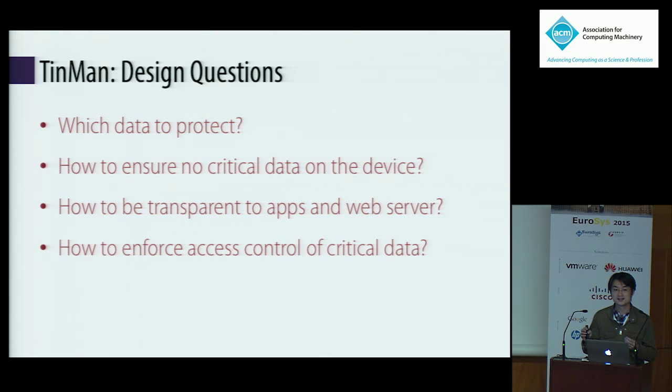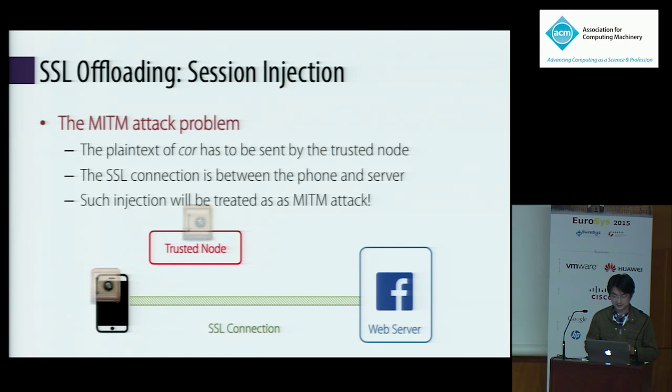The trusted node is actually independent of the connection between the phone and the Facebook web server, right? And there will be no critical data sent between the phone and the trusted node, because the trusted node will never send the critical data back to the phone, right?